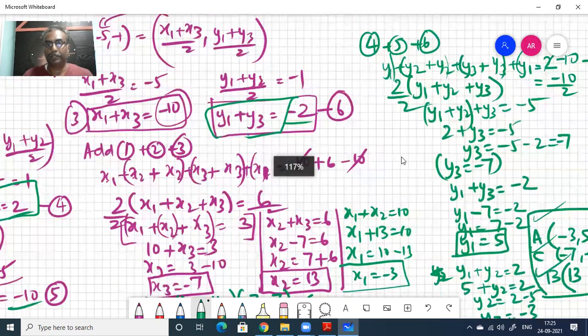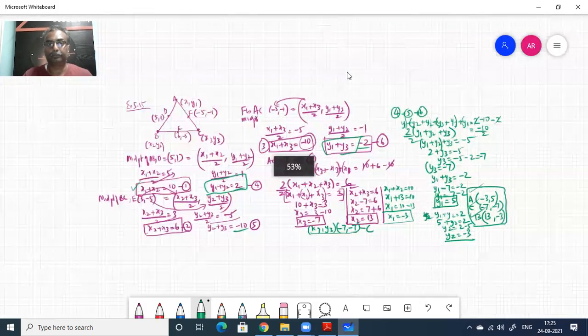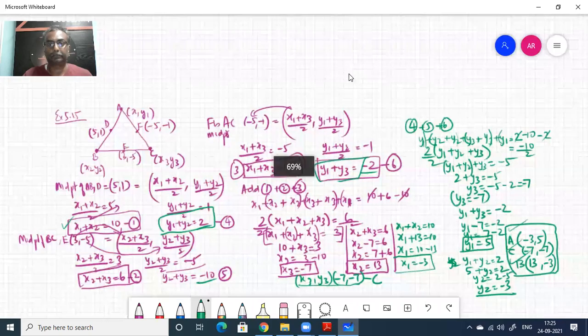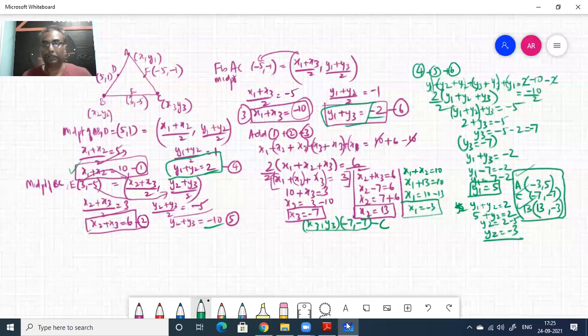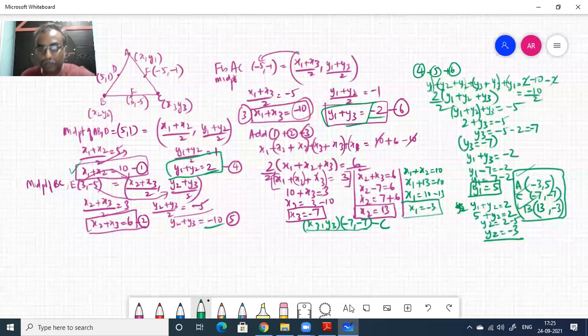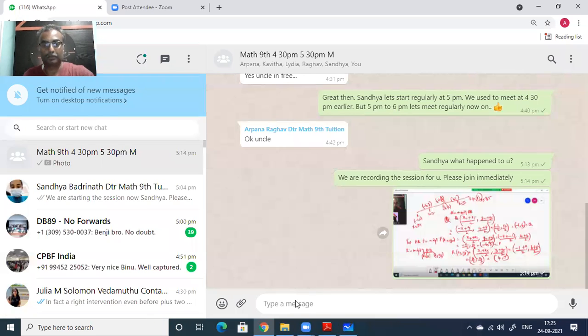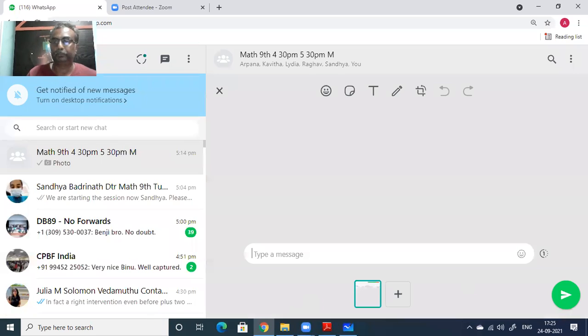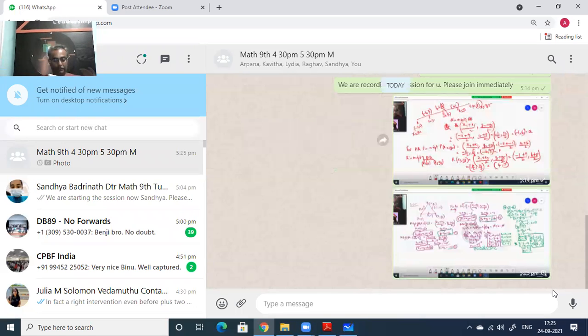Let us try to shrink it and put it in a single sheet. Now we can put it in a single screen. Okay, so that example sum is worked out.